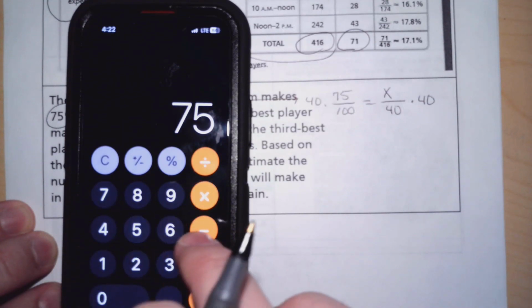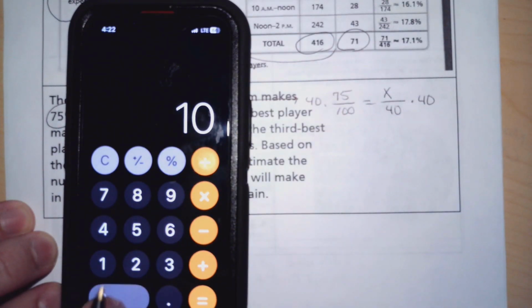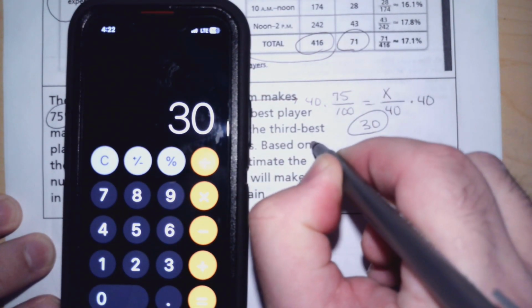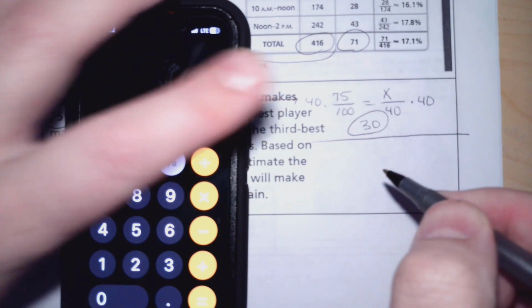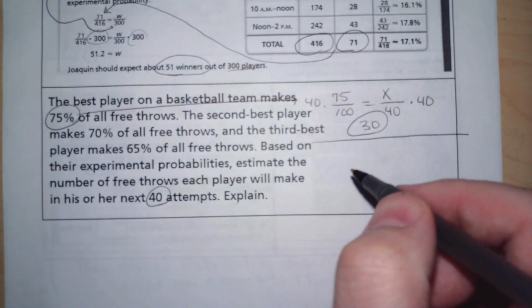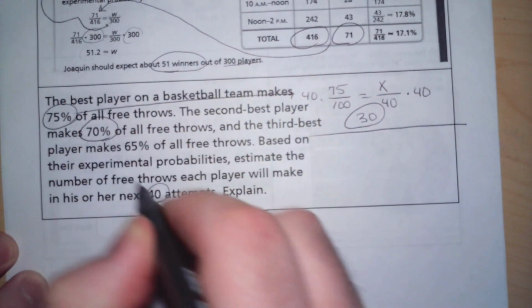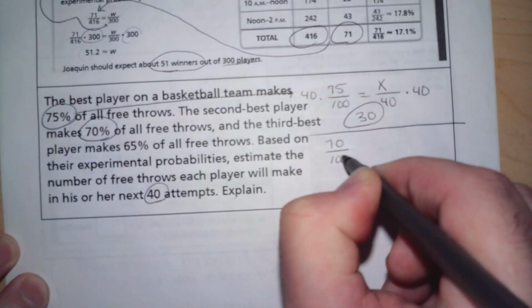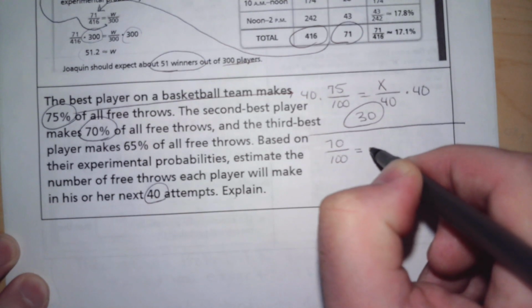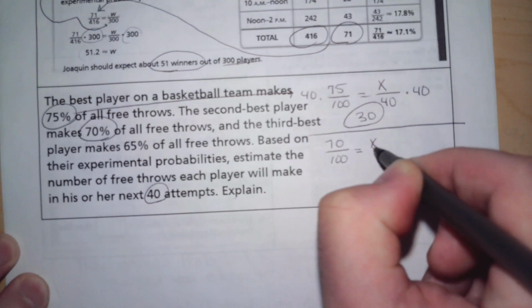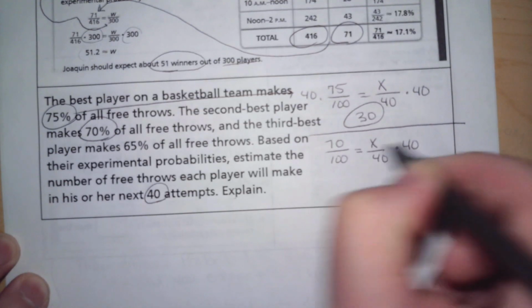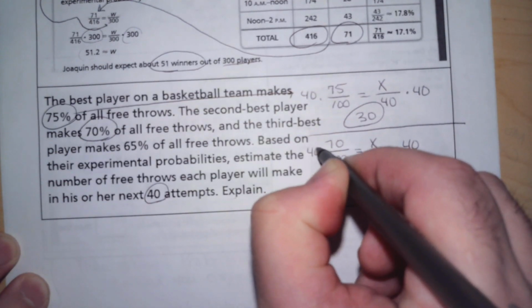It's 75 divided by 100 times 40, which is just 30. Next, for the 70% player, we have 70 over 100 is x over 40. Same thing, we're going to multiply by 40.